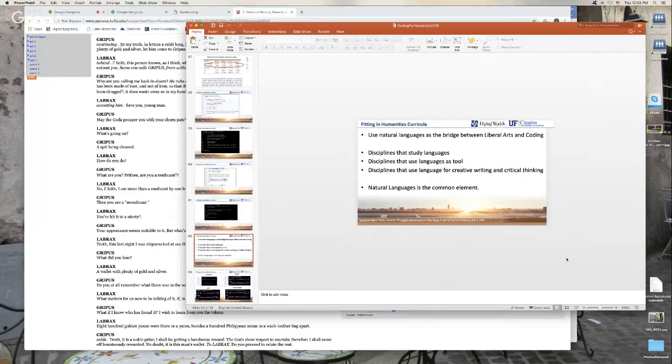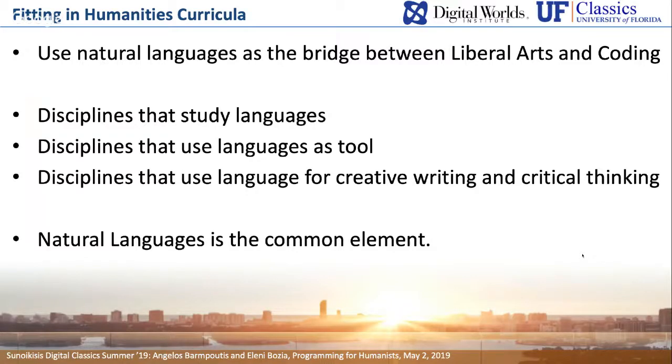What is common between all of that is the use of natural language. We try to show that this is the connecting element between not only classical studies but also other humanities disciplines, because natural language is the tool for critical thinking used in anthropology, in English, and in other humanities disciplines.